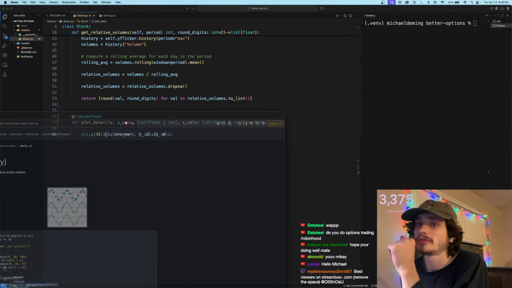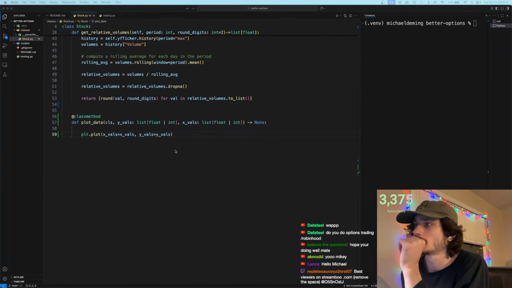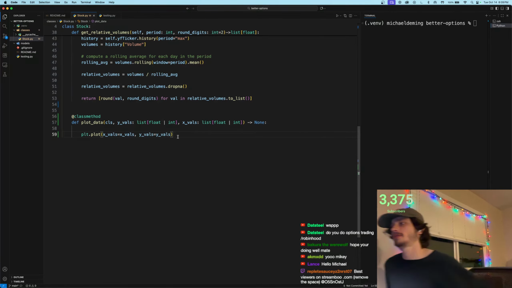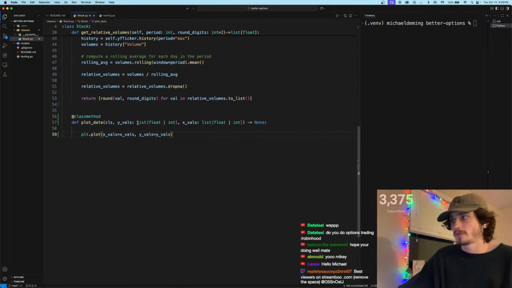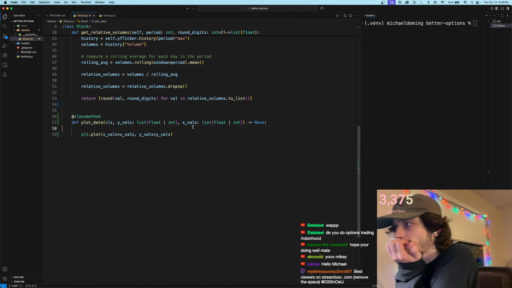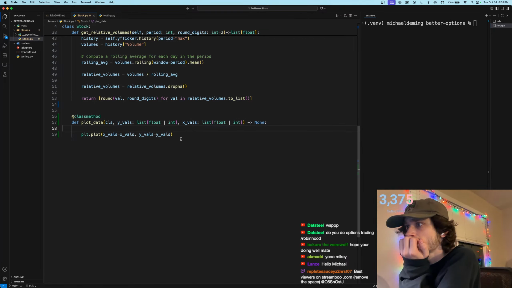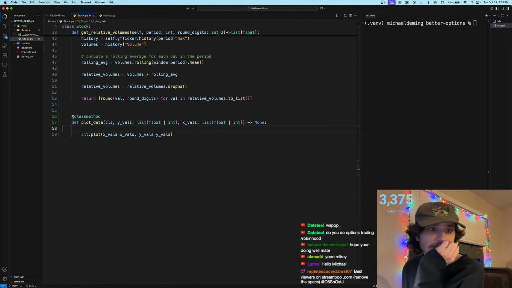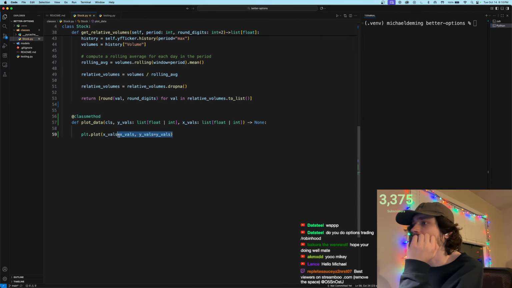Okay, so if I want to do plot data, it takes in a list of y values and x values, so it goes x, y.